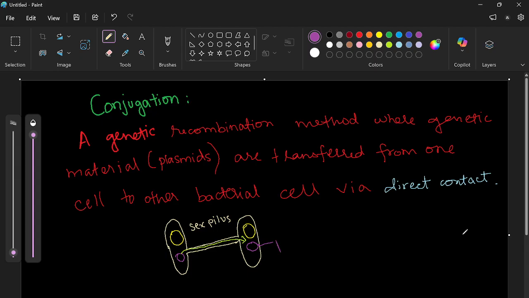So this is the plasmid which has been transferred from one bacterial cell to the other, and this can also be called the mating bacteria. This is a mating type. Conjugation is basically mating between two bacteria. So these are also mating bacteria.